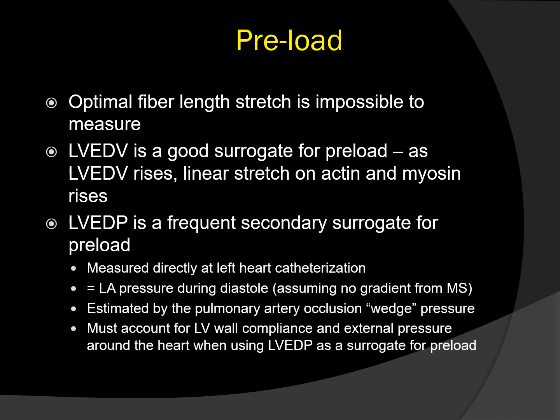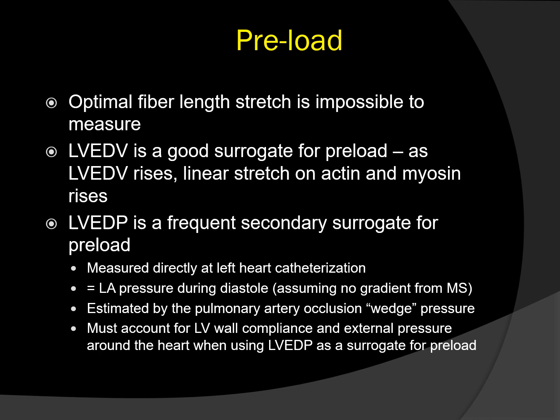Although we have some ways to measure or estimate LV-EDV, most commonly we use LV-EDP, left ventricular end diastolic pressure, as a secondary surrogate for preload. LV-EDP can be measured directly at left heart catheterization and is equal to the left atrial pressure during diastole, assuming there is no mitral stenosis creating a gradient across the mitral valve.